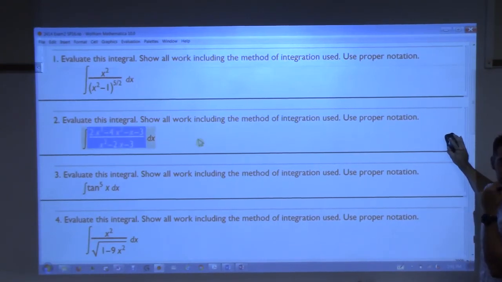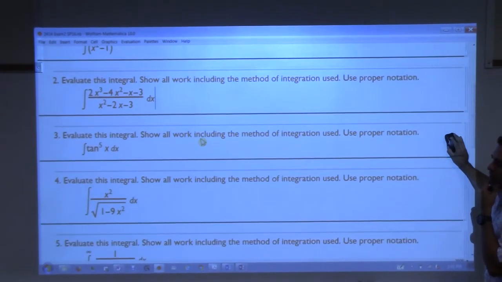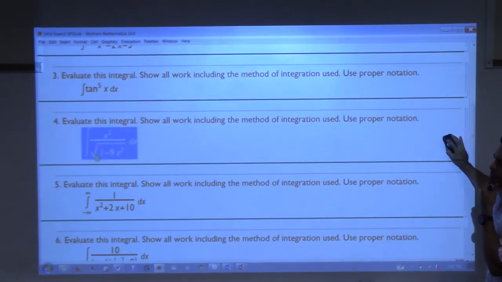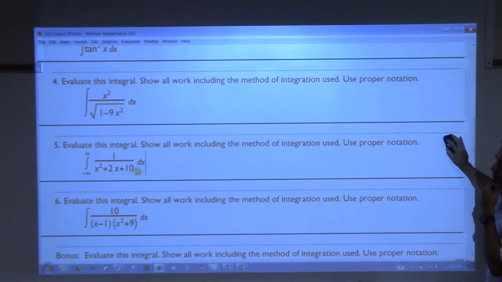Partial fractions, long division first, right? I did give them just a trig integral. Trig sub. When was this? Spring 2016?